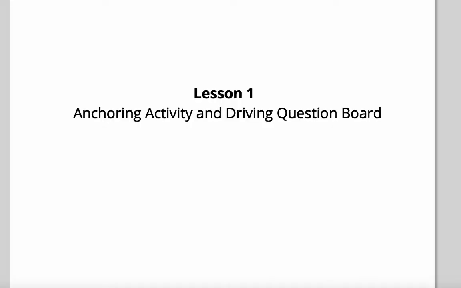Lesson 1 is the anchoring activity and driving question board. Most iQuest units, if you haven't used them before, are really set around this first activity that is a common phenomenon that all students can relate to and get to start to develop their ideas around this particular unit.